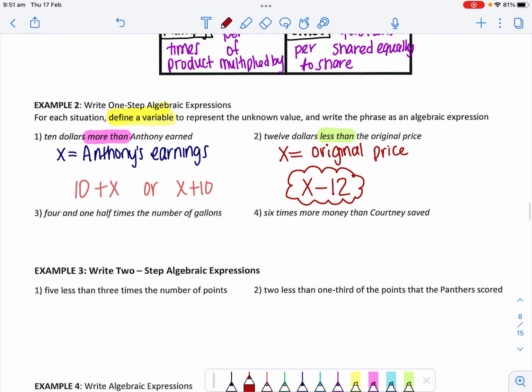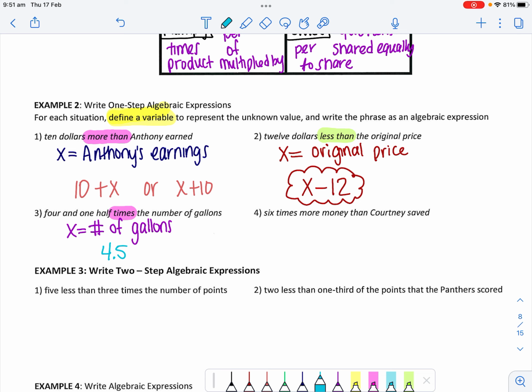Number 3 says 4 1/2 times the number of gallons. So X is going to be the number of gallons. And this says 4 1/2 times the number of gallons. So I know that I'm doing multiplication. So I'm going to do 4.5. I like decimals better. It doesn't matter if you use decimals or fractions.